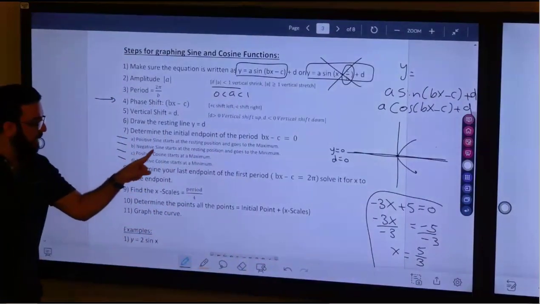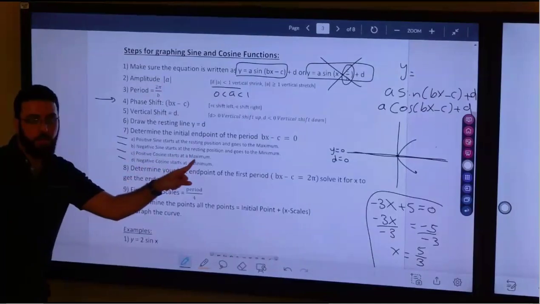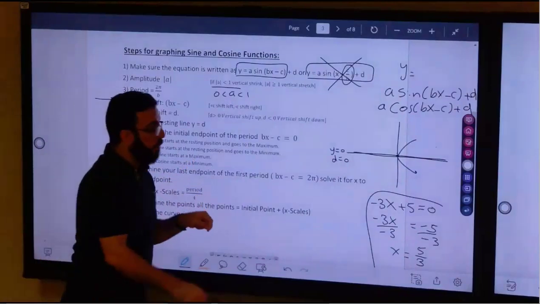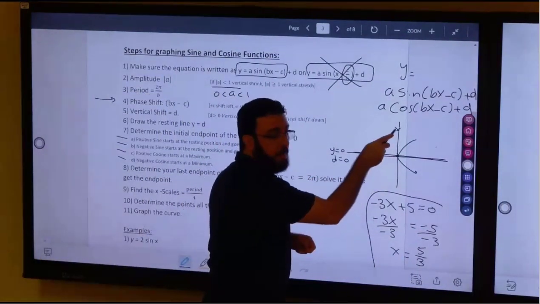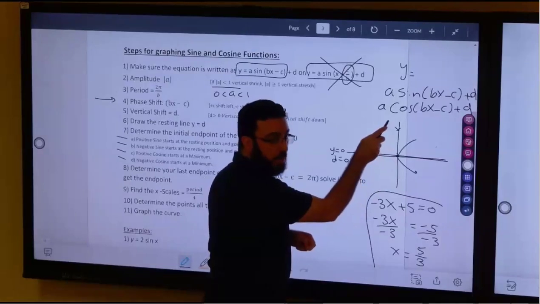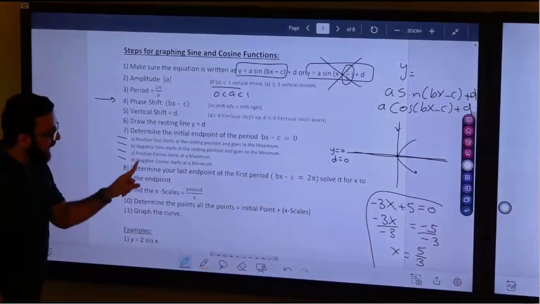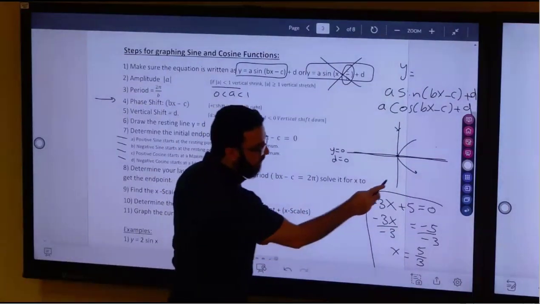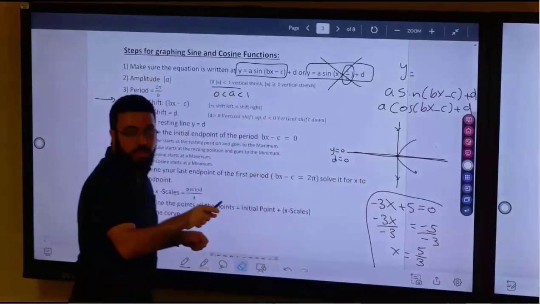For the cosine, positive cosine starts from the maximum, not from the resting point. Here is the start point, I start from the maximum point and go down to the resting. For the negative, I start from the minimum and go to the resting. We're going to do that with the steps.